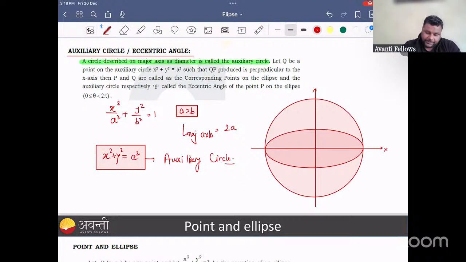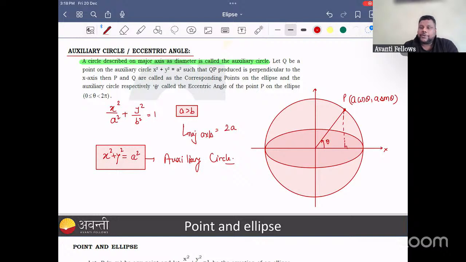Got it? Now see, what is the eccentric angle? There is a point on this circle, as we have done in the parametric equation of the circle. If I take this angle as theta, this point is going to be a cos theta comma a sin theta. Am I clear? Say this is P. So this point P is a cos theta comma a sin theta. Now you drop an altitude from P on the major axis.